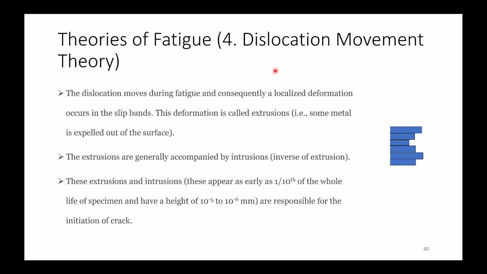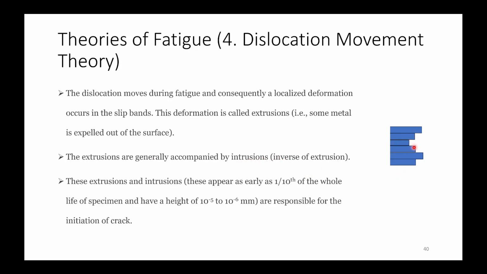This is dislocation movement theory. In this, the dislocation moves during fatigue, and consequently a localized deformation occurs in slip bands, and this deformation is called extrusions. Some metal is expelled out of the surface, so the material will come out, and the extrusions are generally accompanied by intrusions.